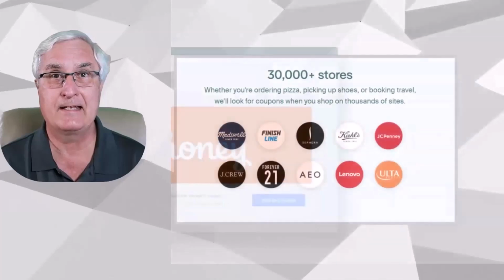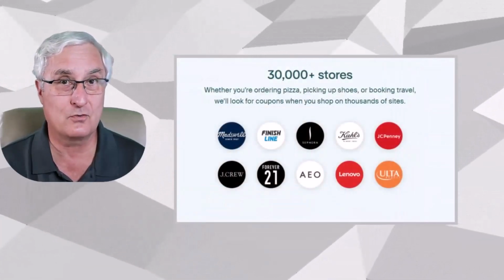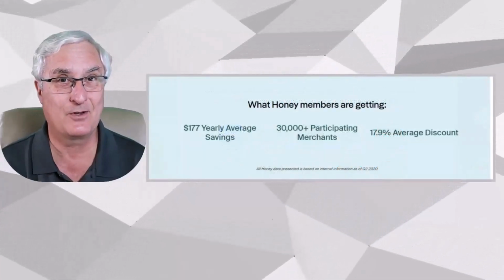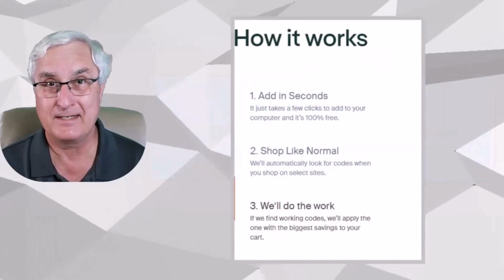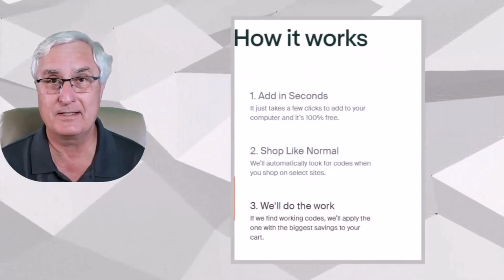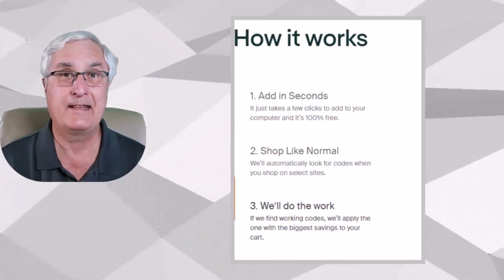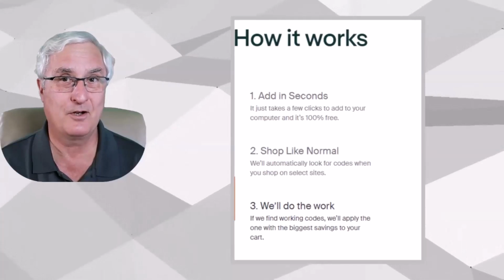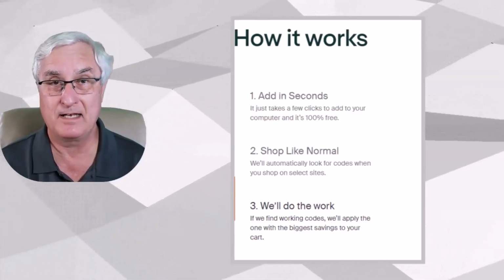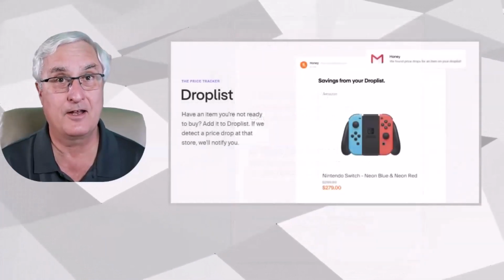They make a claim that they're linked to over 30,000 stores and can save you up to $177 on average a year. How they do this is they track your purchases and look for coupons and best buys. They then will apply these coupon codes in a way in which you'll be able to redeem some of the money. This is a very popular extension that is used by a lot of people.